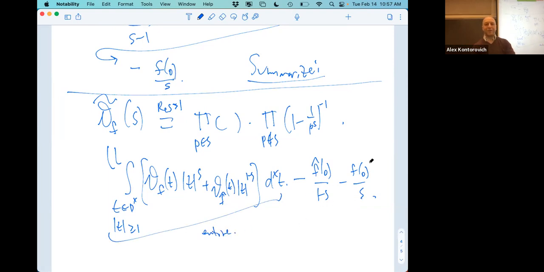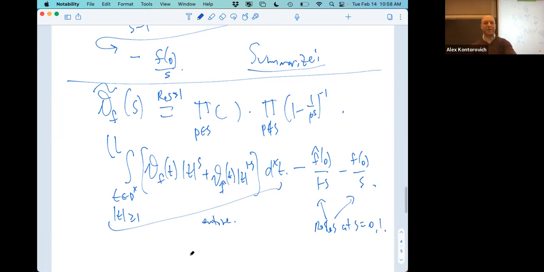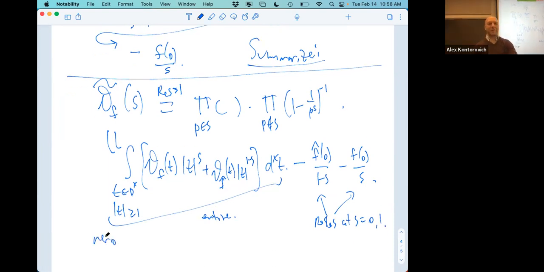And so this has poles at s equals 0 and 1. And so there's our meromorphic continuation of zeta to all s.